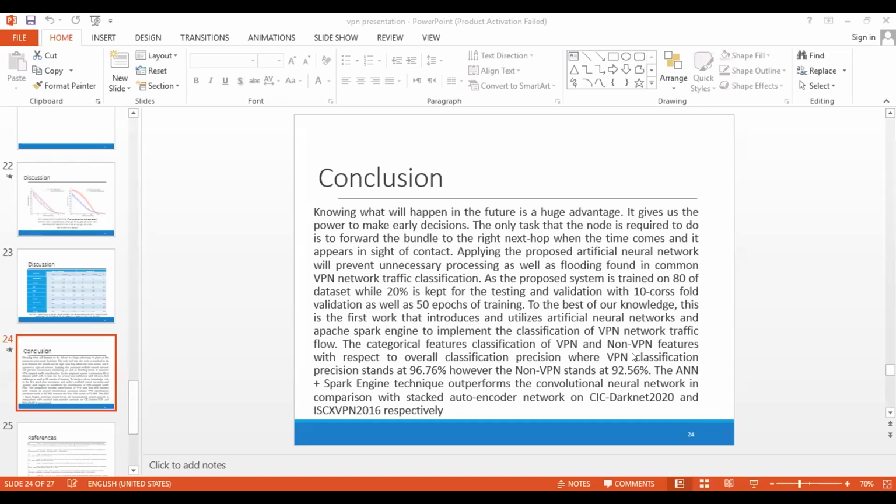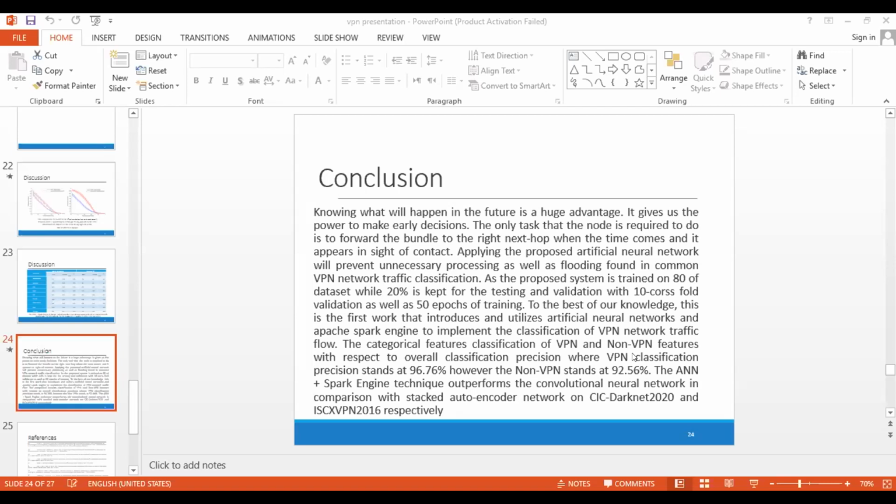Applying the proposed artificial neural network will prevent unnecessary processing as well as flooding found in common VPN network traffic classification, as the proposed system is trained on 80% of the dataset, while 20% is kept for the testing and validation with 10 cross validation as well as 15 epochs.